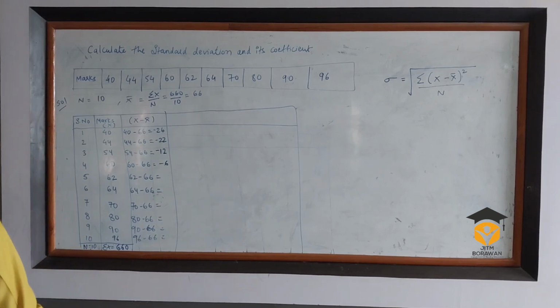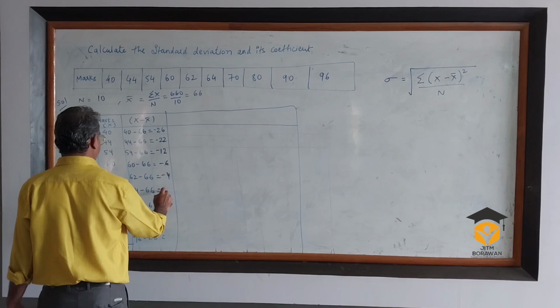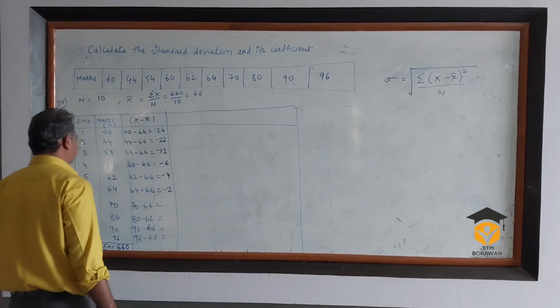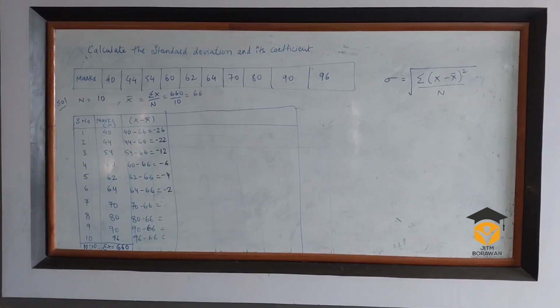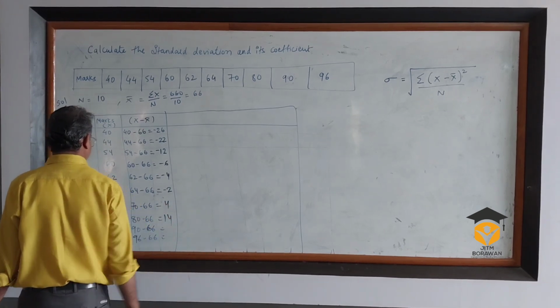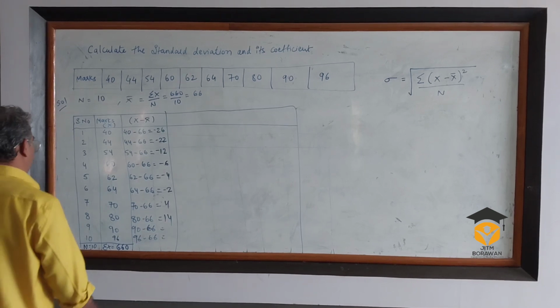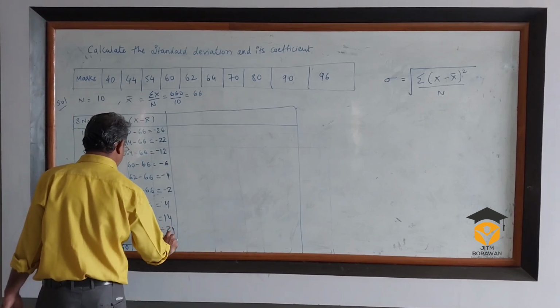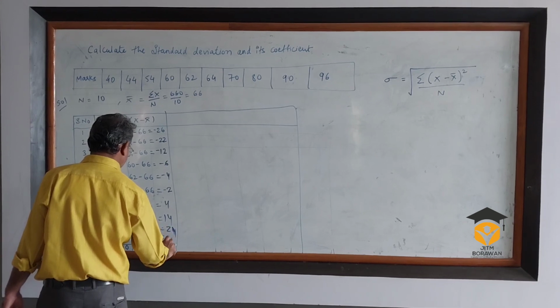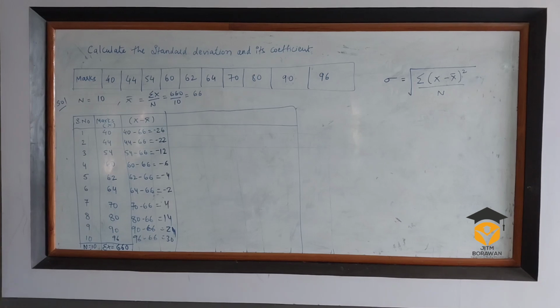Then we have minus 4 here. Then we have minus 2 here. Then we have 4, 14, and 90 minus 66, that is equal to 24. And this is 30. So these are all the values of x minus x bar.